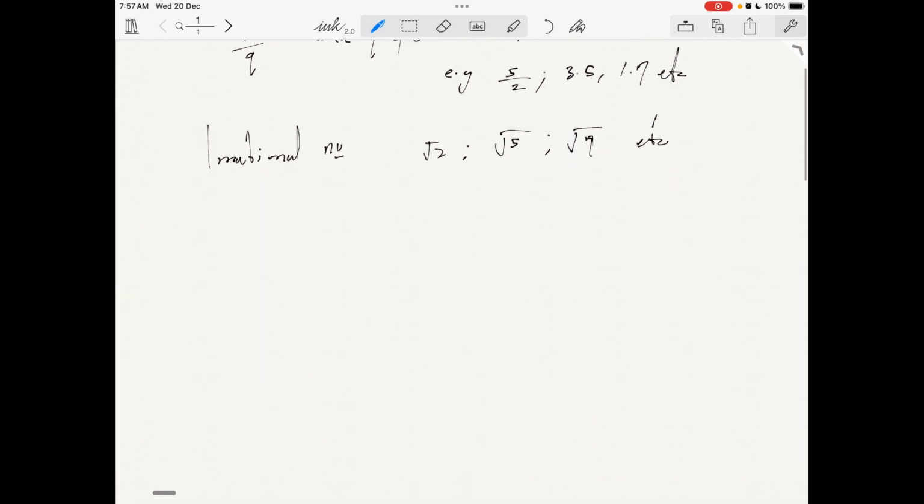The common types that we know are pi, which is also approximated as 22 over 7, which we approximate as 3.142, and also the exponential, which is approximated as 2.7183.